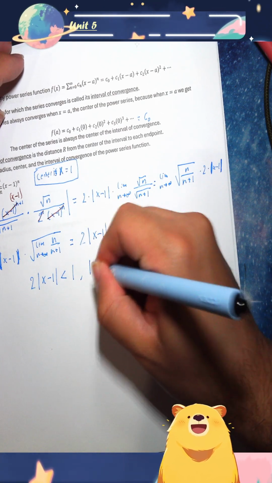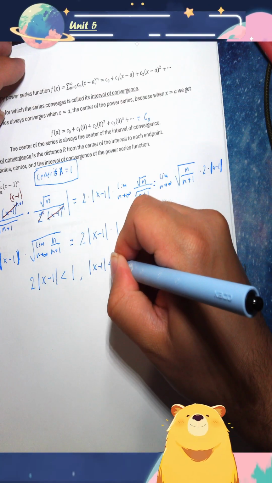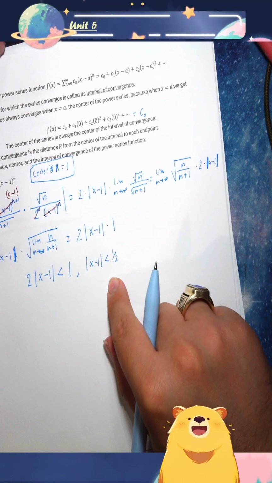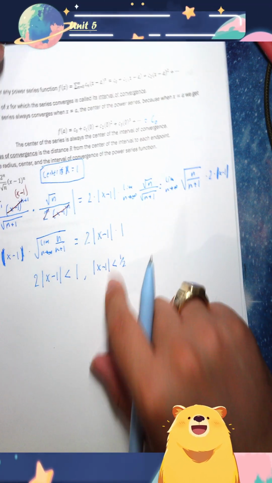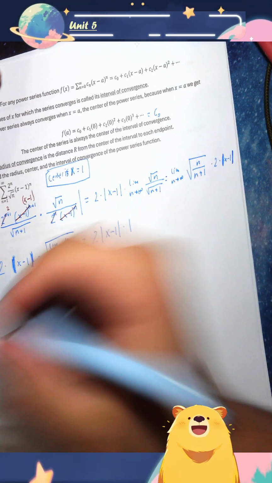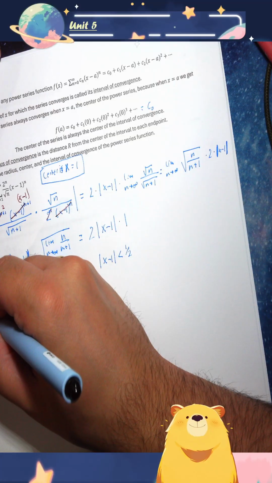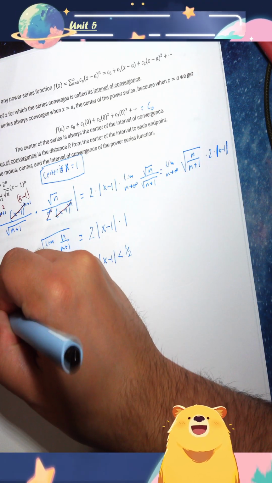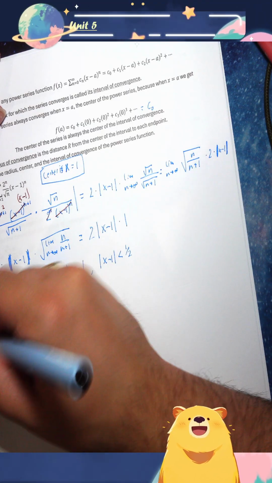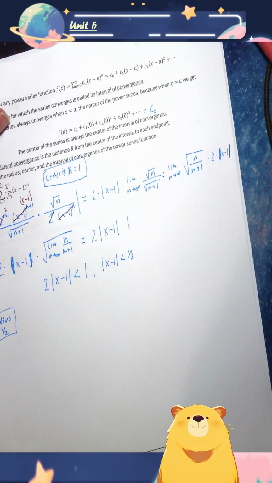So the absolute value of x minus 1 is less than 1/2. From here, we should be able to already visually see that our radius is going to be 1/2. So I'm going to write that already. And I'll just have the interval confirm that when we have it.